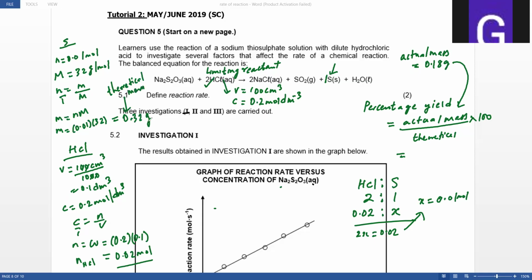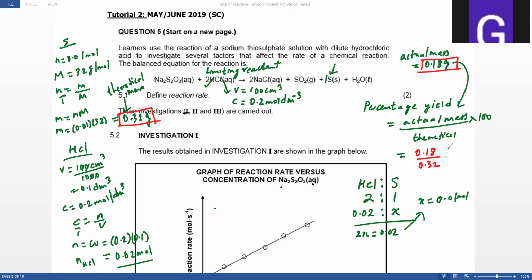So to come here, we're gonna say, okay, fine. Now we know the theoretical mass and the actual mass after filtration. So we're gonna use this and say, what is the actual? Actual is 0.18. Theoretical is 0.32.